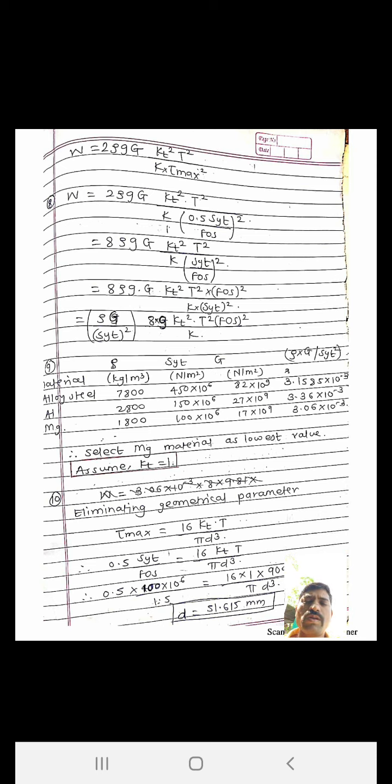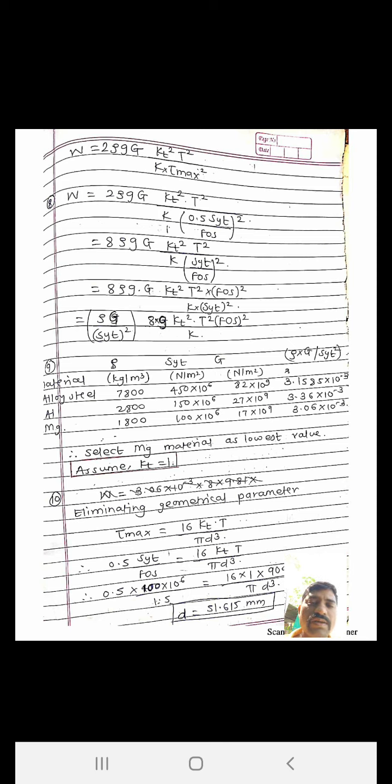If you are putting all the values, you should choose Kt equal to 1. Before going on, you should choose the minimum value. Check how to calculate that minimum value. In the given table, rho is given, SYT is given, G is given, then rho into G divided by SYT square is the constant factor.